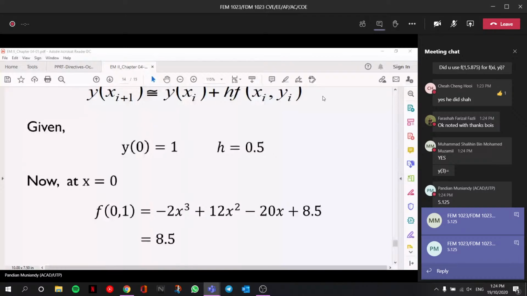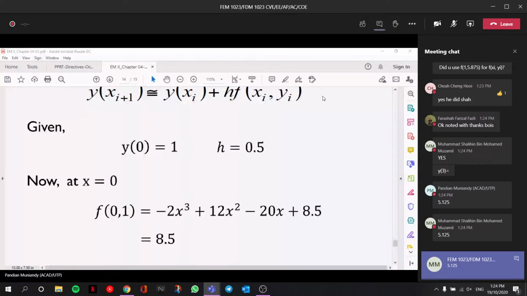Muhammad Salihin, yes. 5.125 is y at 1.5.